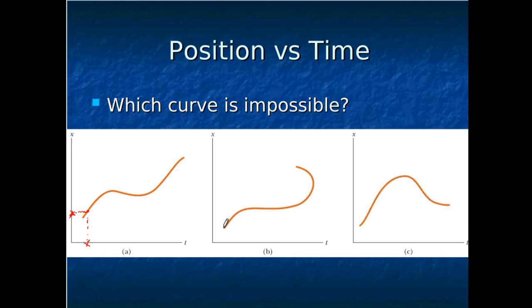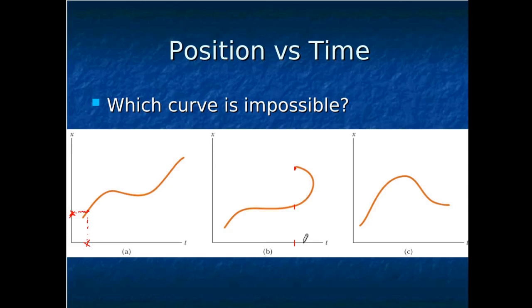This one, however, so it starts out, it moves forward, it stays in one place for quite a while, and then something really funny happens right here. So if I want to ask what position is the object at that moment in time, I go to the graph and I see it's there and it's there. What does that mean?